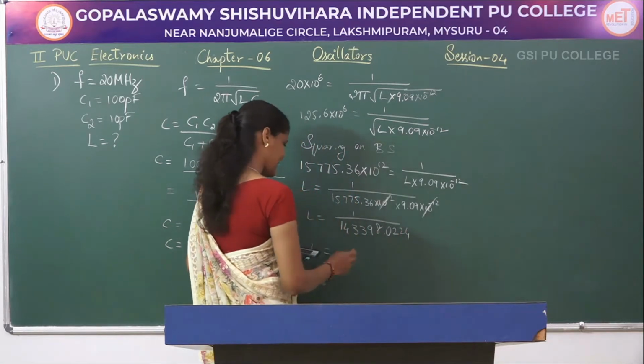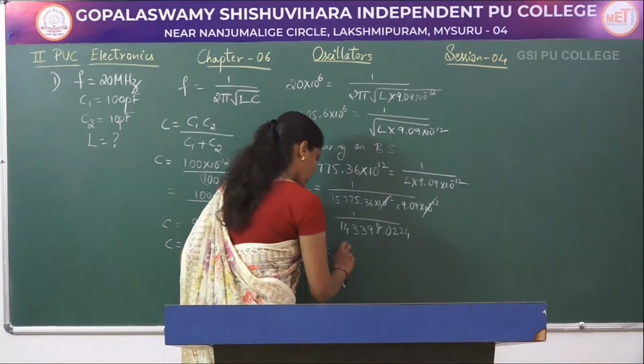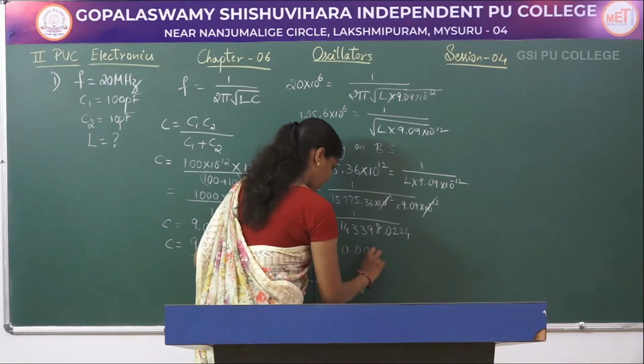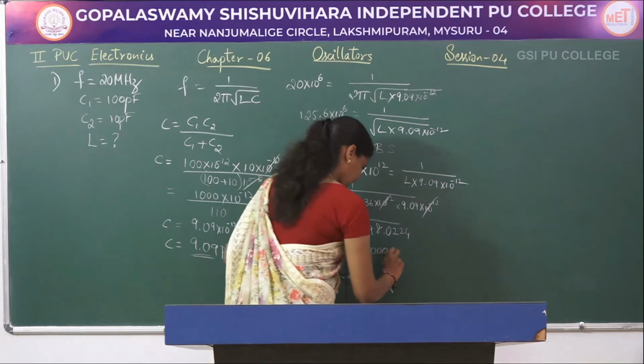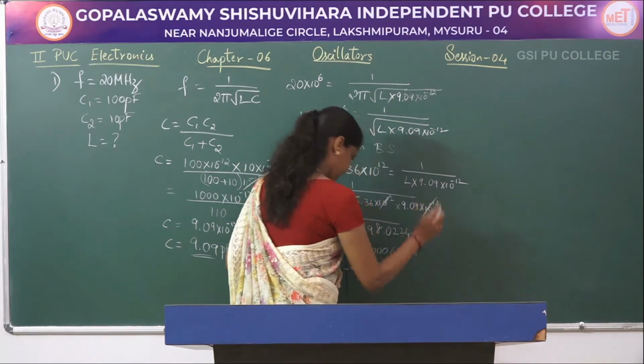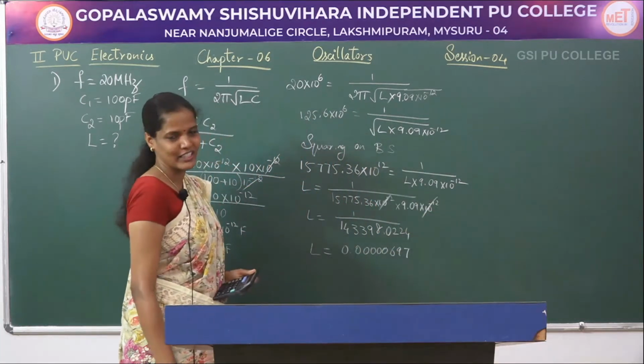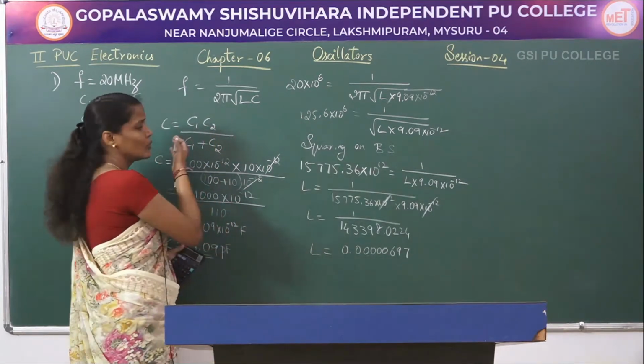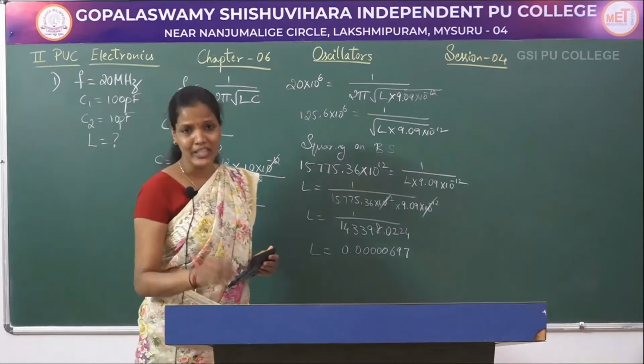So L is equal to 0 followed by 5 zeros, that is 0.00000697. So L value is this, but we cannot keep the answer in this manner. L value will be expressed in terms of 10 to the power of negative values.